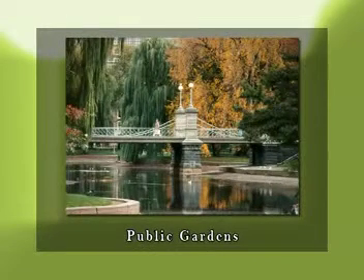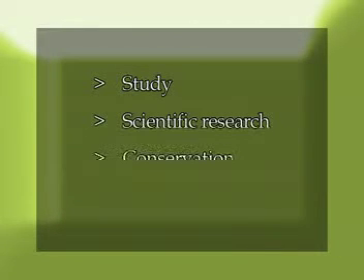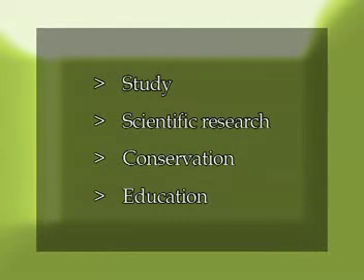Botanic gardens can be defined as public gardens which maintain collections of live plants, mainly for study, scientific research, conservation, and education. Now, the question arises, how do botanic gardens differ from a park?